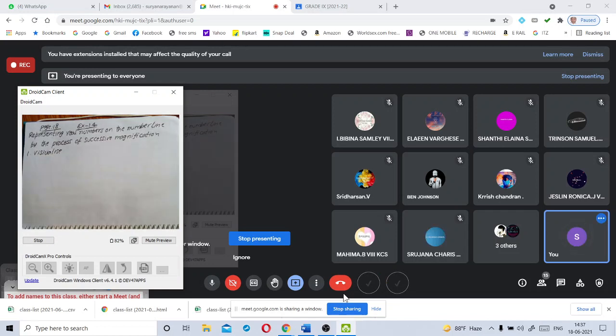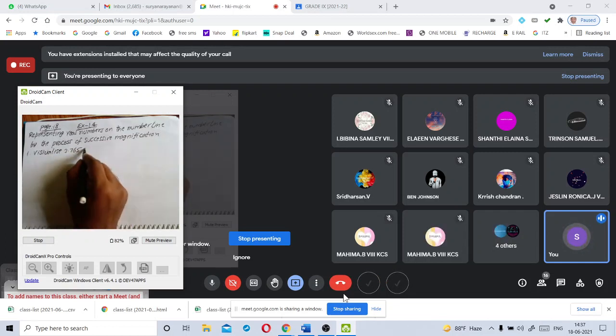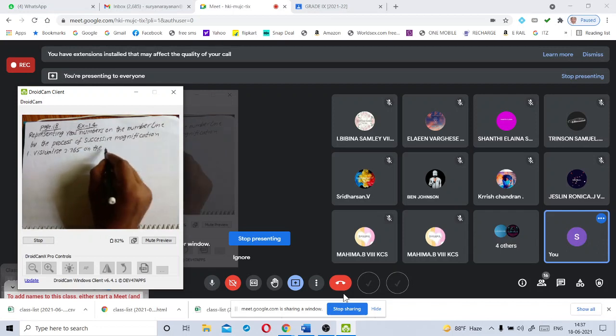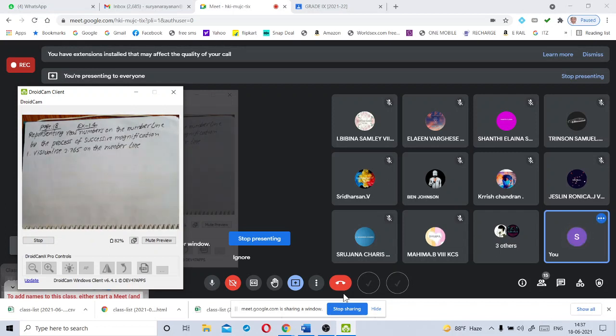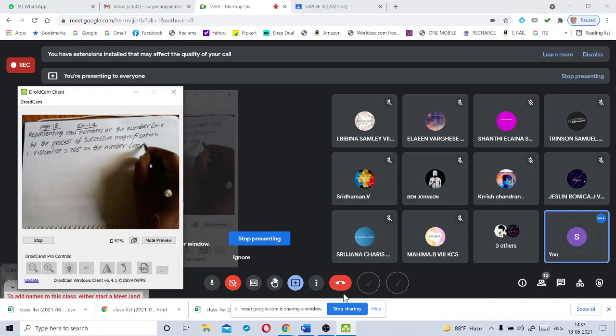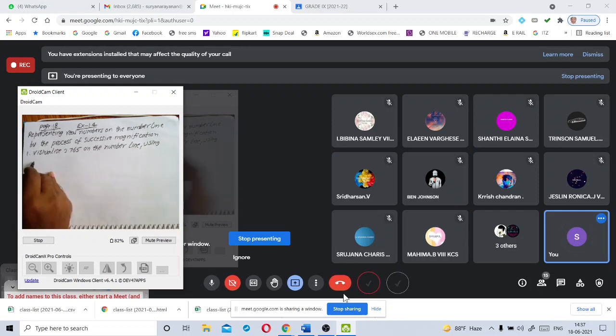Visualize 3.765 on the number line using successive magnification.